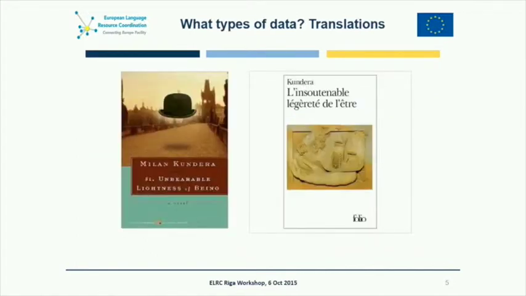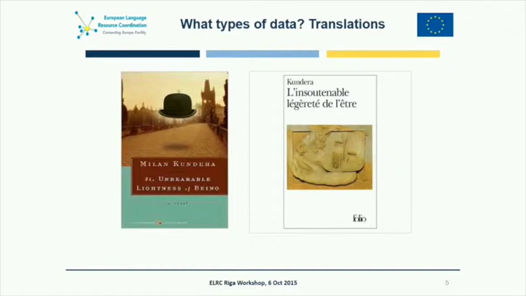I mentioned before regarding what types of data, of course, translations, they are great, but there are also some difficulties involved in translations. Not for us, because we are happy to have one, but for the machine to be able to use it to infer about future translations. Let's just look at the book which I presented here.